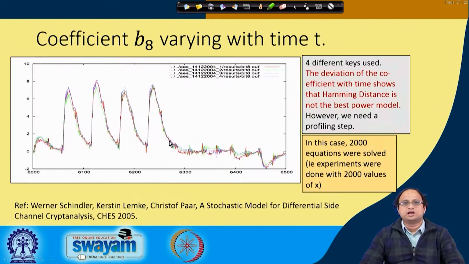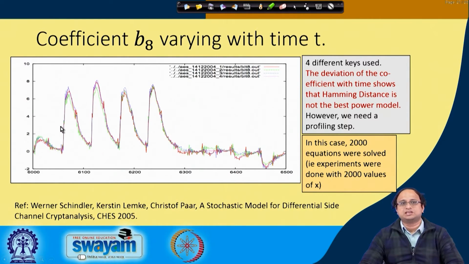So here is an experimental description from a paper by Schindler and co-authors, where they try to develop a stochastic model for differential side channel cryptanalysis. You can observe that there is an experiment which has been done with 4 different keys. Here is a plot of the 8th coefficient, that is b8, and we show how b8 varies over time.